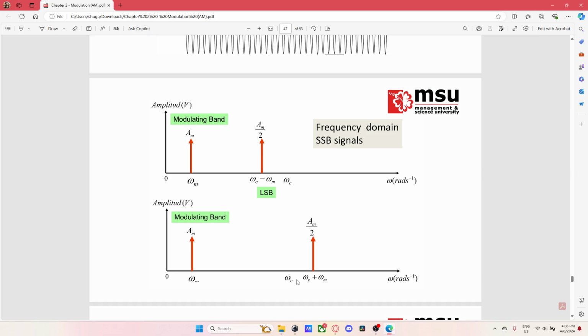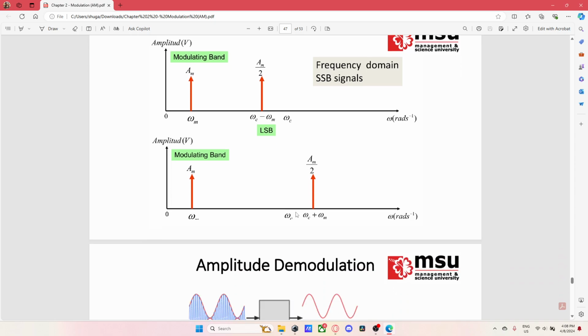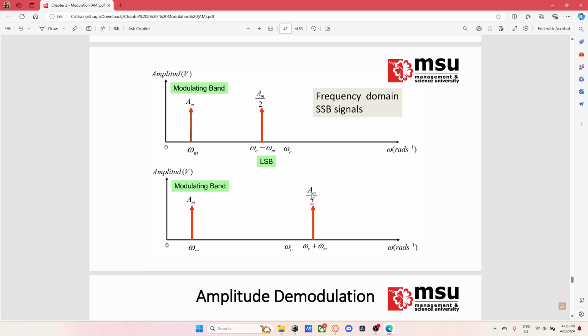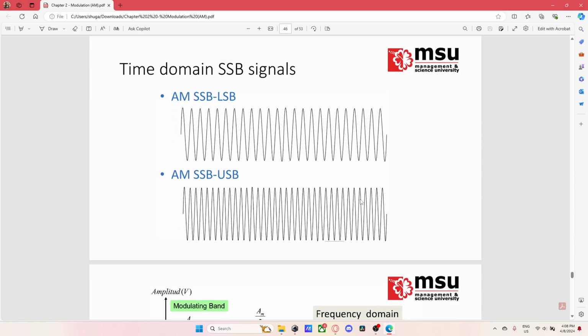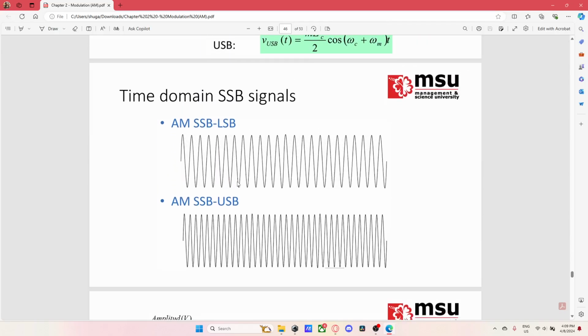This is omega c plus omega m, and for the lower sideband, omega c minus omega m, it is before omega c over here. For the upper sideband, omega c plus omega m should be higher than omega c. That is the simplest way to show the differences between USB and LSB using these two diagrams.